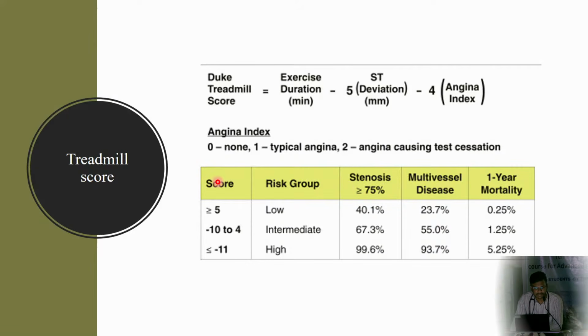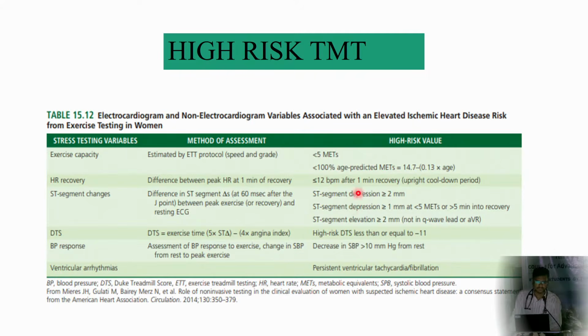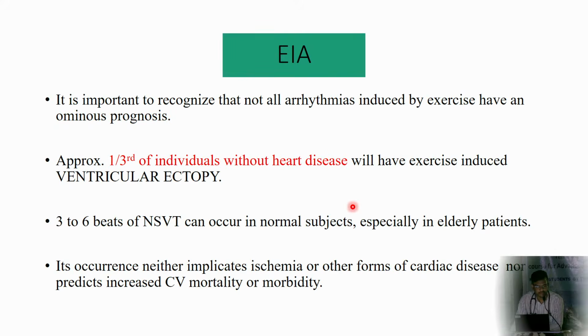We categorize this score into 3 groups: greater than or equal to 5, -10 to -4, or less than or equal to -11. It gives the probability of stenosis and multivessel disease, and also the probability of 1 year mortality. So a higher Duke treadmill score is suggestive of higher risk.